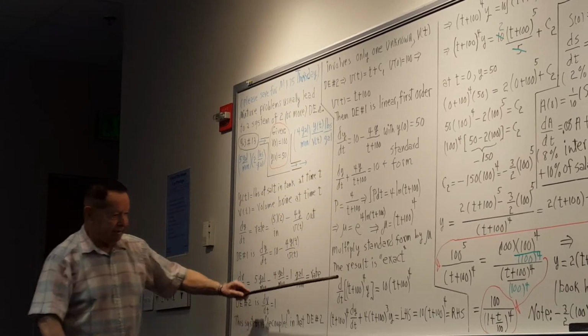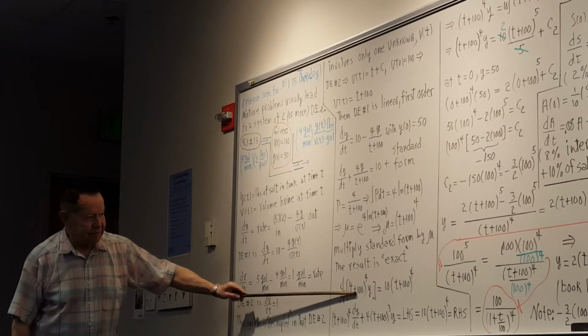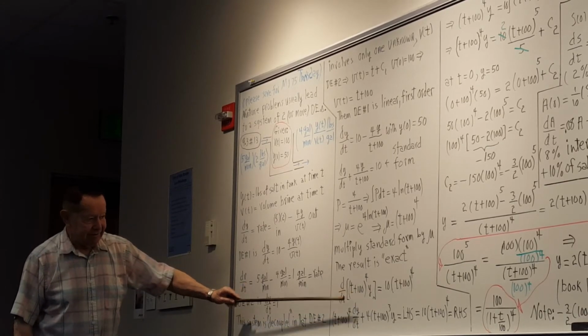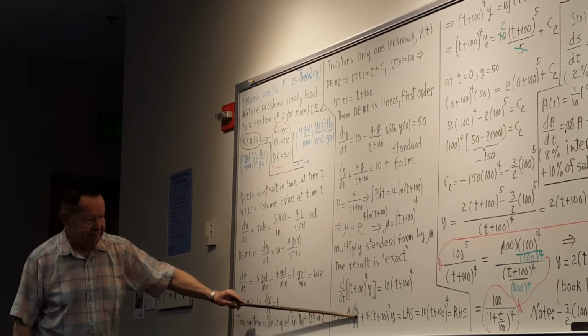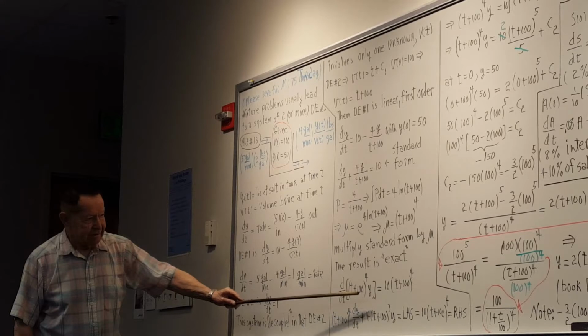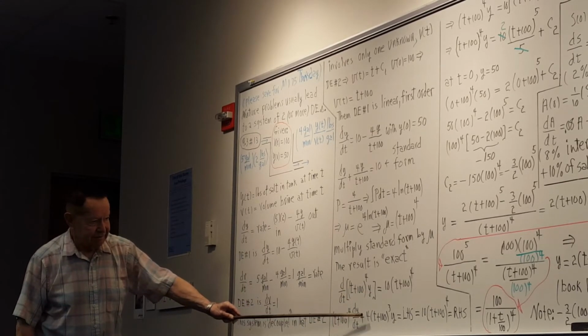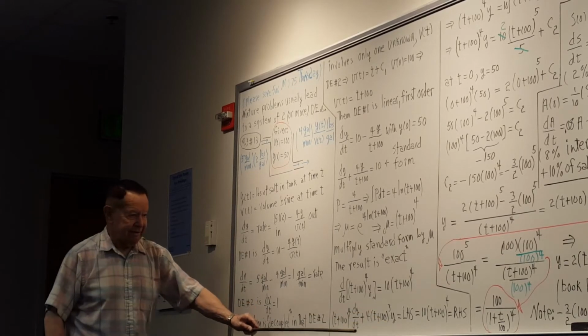I actually wrote it out down here. If you use your product rule, you have the left-hand factor times the derivative of the right, plus the derivative of the left-hand factor, which is 4 times t plus 100 cubed, times the right.